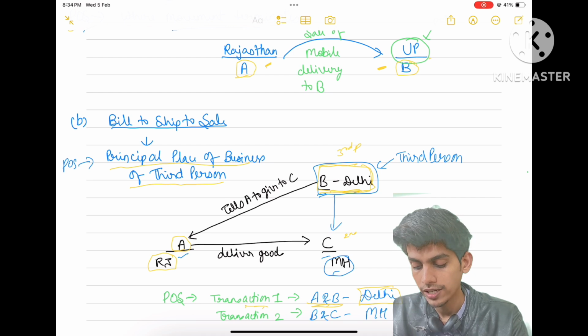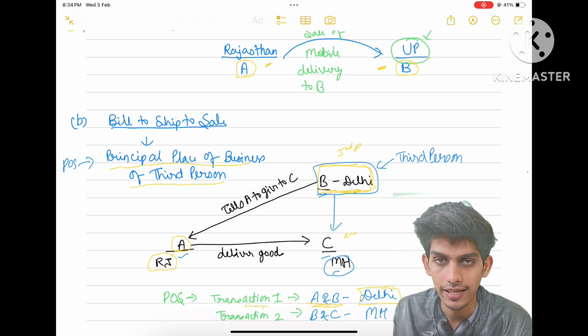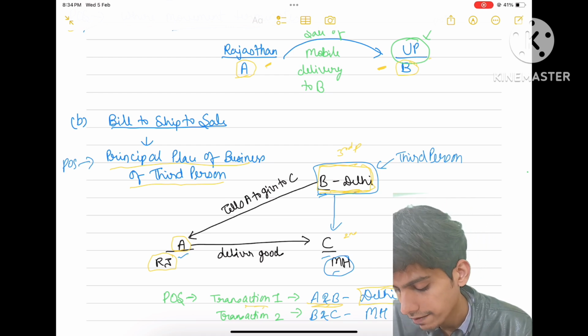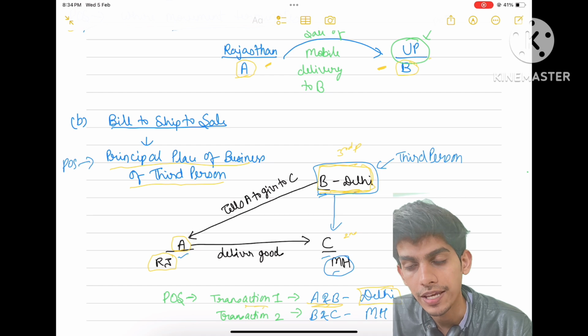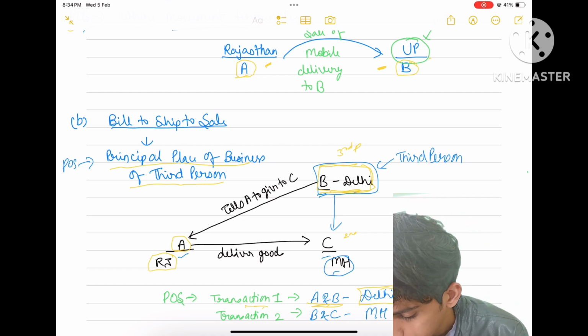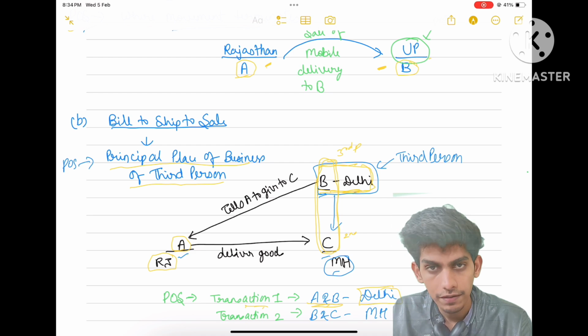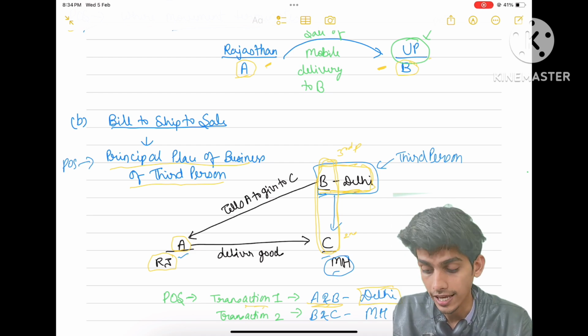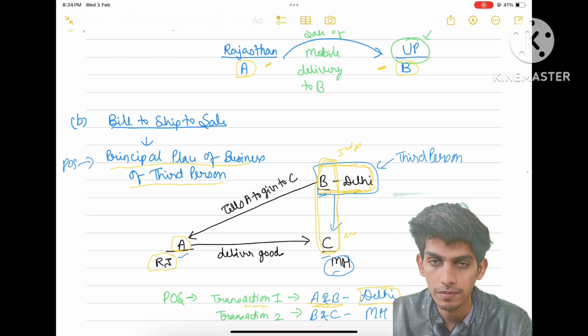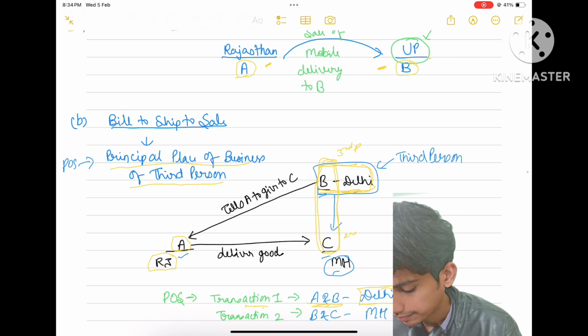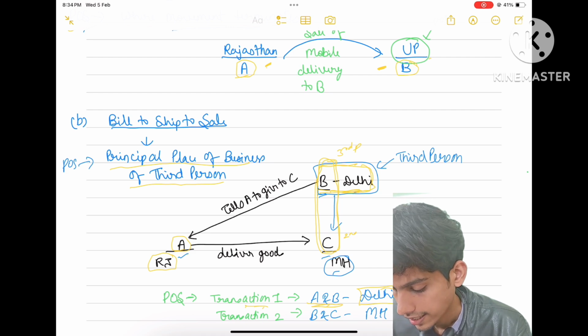Now this provision tells us about the transaction where A is delivering goods to C on behalf of B, and the transaction between B and C will be covered by 10(1) clause A, which we have read just before it. Here the movement of goods is happening.